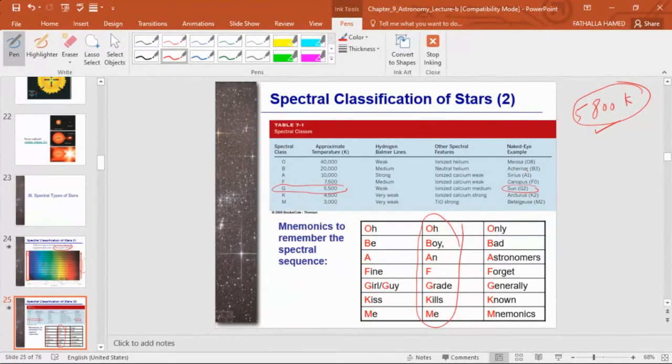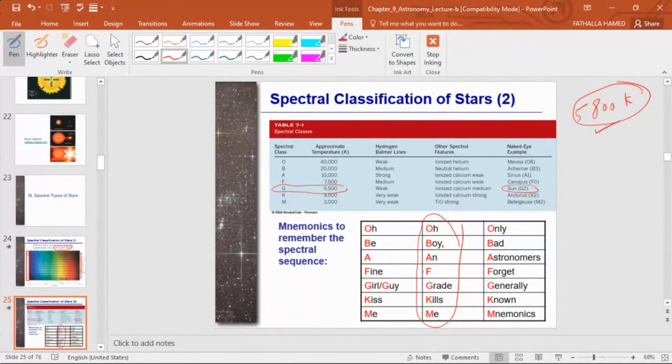But now we have something here that we can measure: the spectrum of the star and the surface temperature. And from this surface temperature, we can decide on a classification of the star.